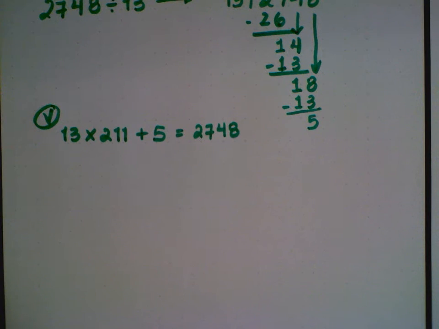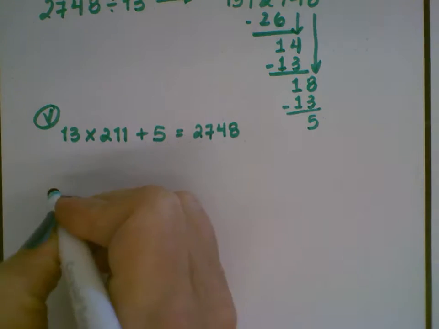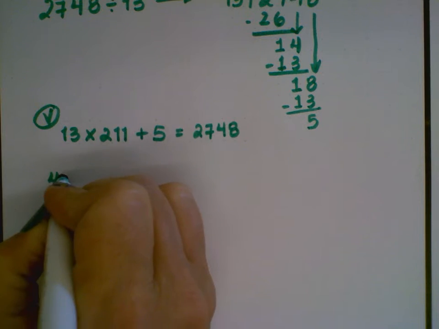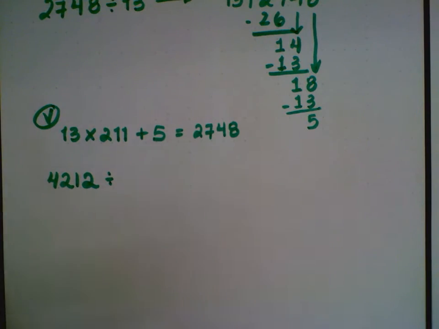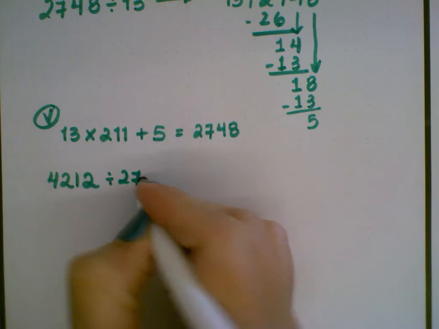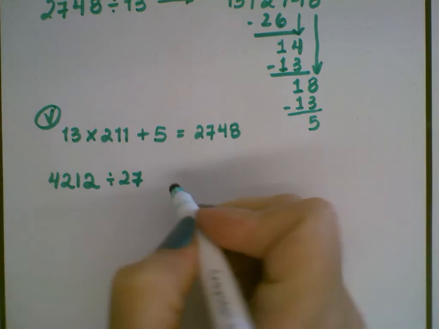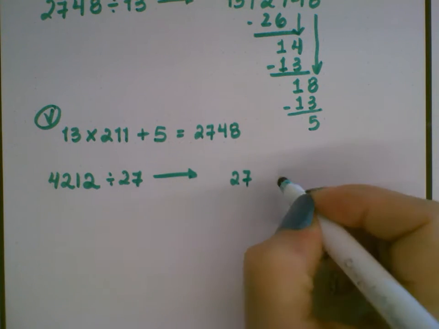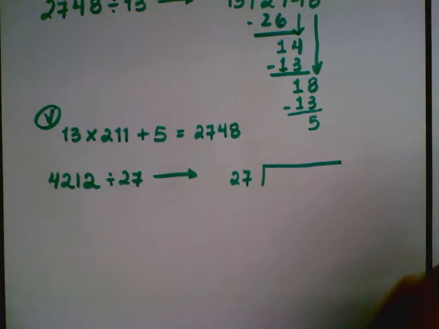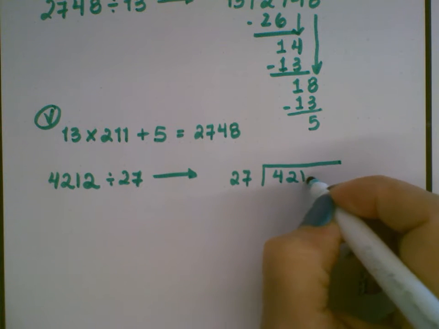Okay, second example. Another numerical: 4,212 divided by 27. So standard algorithm, I'm going to take 27 and 4,212.